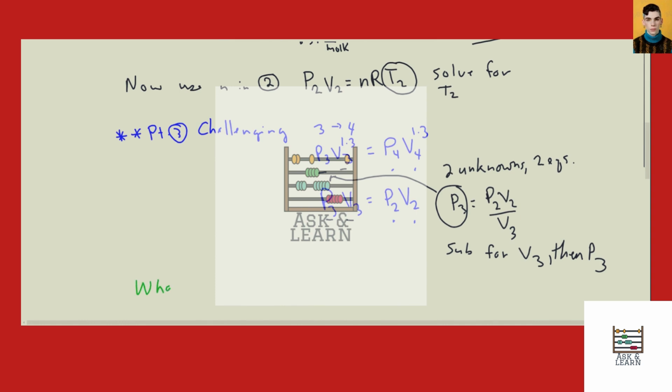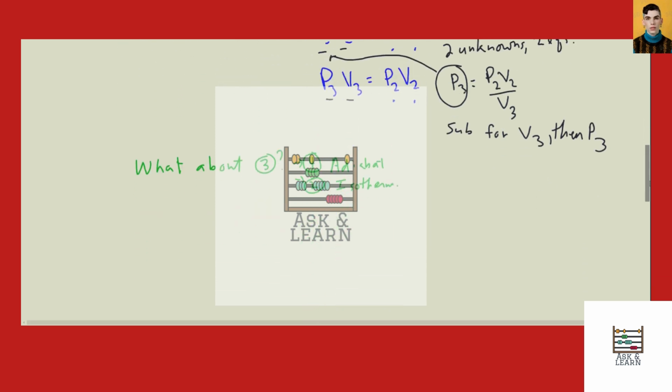What about point 3? It's connected to 4 through an adiabatic, and it's connected to 2 through an isothermal. So what we can say is the following two relationships.